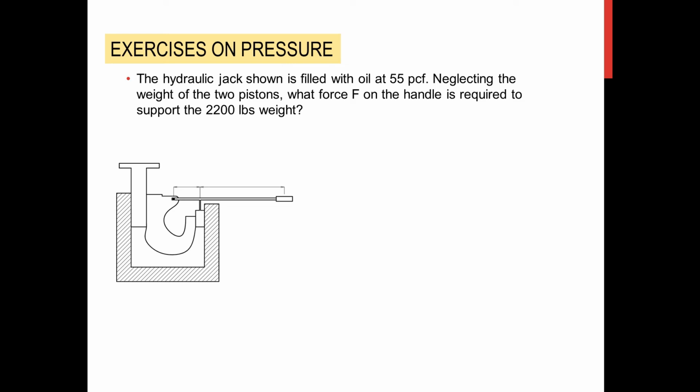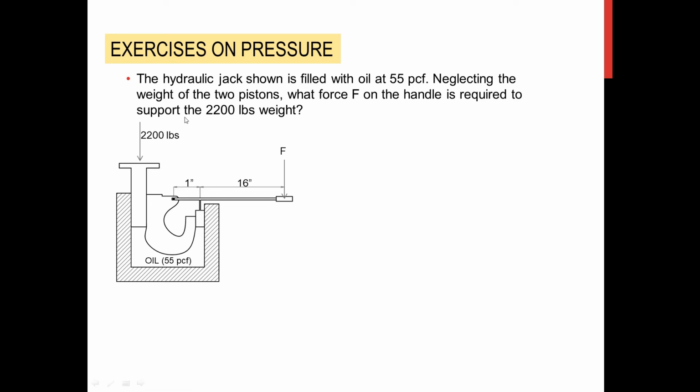There will be a handle that is hinged to the plate, and a platform connected to a piston to support the 2,200 pounds. The dimensions are given on the handle and the connection of the pin and to that of the smaller piston. Our requirement here is the force to lift the 2,200 pounds.